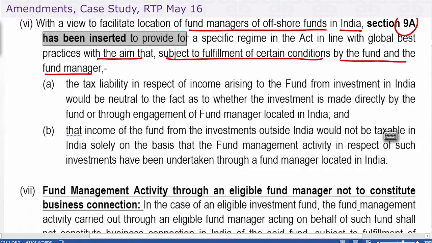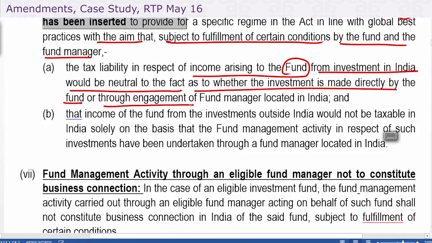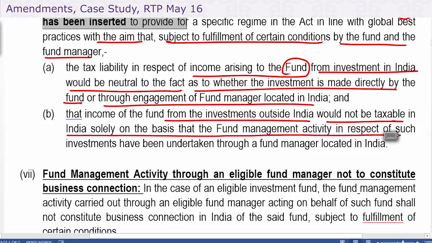One, the tax liability in respect of income arising to the fund from investment in India would be neutral to the fact as to whether the investment is made directly by the fund or through the fund manager, and that income of the fund from investments outside India would not be taxable in India solely on the basis that the fund management activity in respect of such investments has been undertaken through a fund manager located in India.